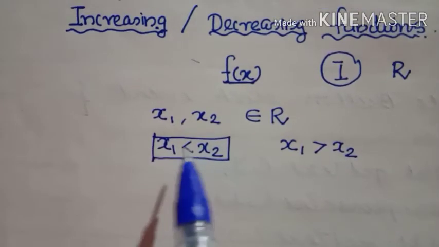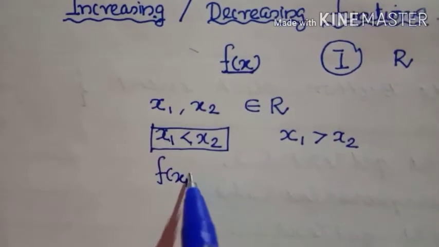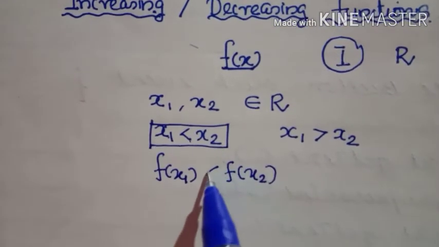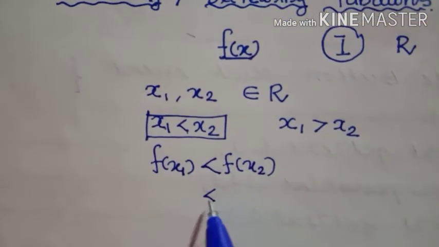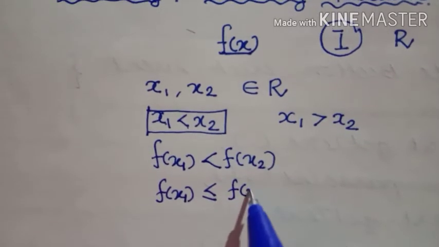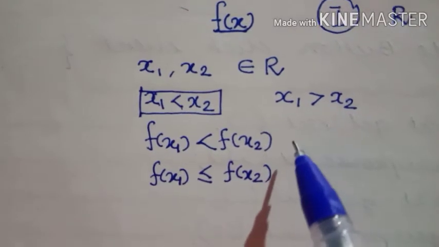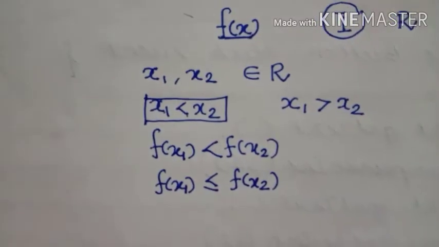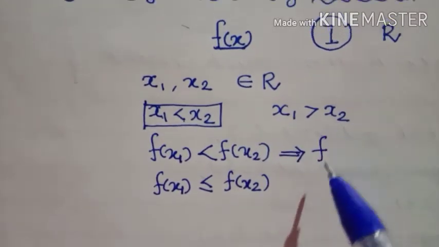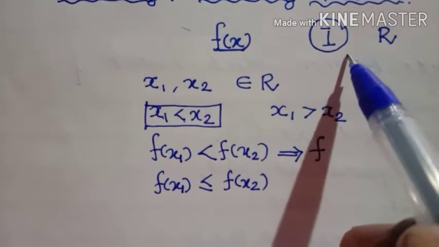If these two numbers are in the form x1 less than x2, then their function values f of x1 and f of x2 satisfy the condition: f of x1 is less than f of x2, or f of x1 is less than or equal to f of x2. Then we can say that f is increasing or strictly increasing in the given interval I.